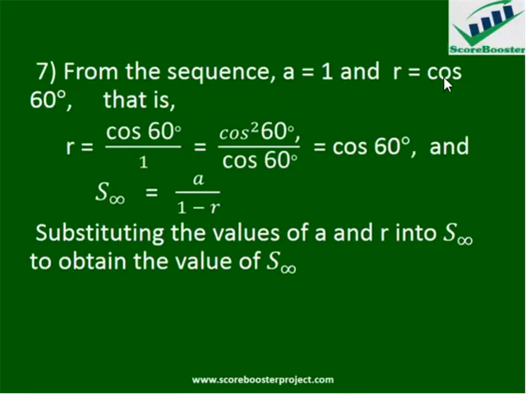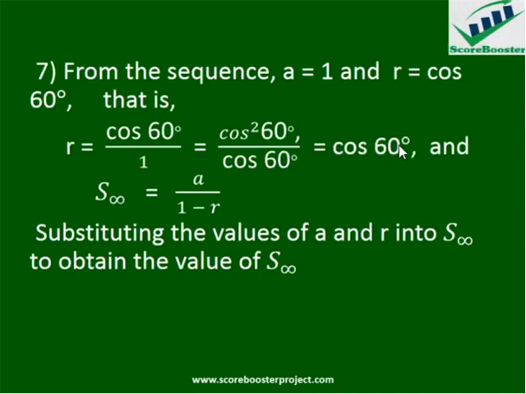So for the common ratio, we have cos 60 degree, and that is obtained by dividing the second term cos 60 degree by 1, which is equals to dividing the third term cos square 60 degree by the second term cos 60 degree. And if each of this is evaluated, we have the value of the common ratio equals cos 60 degree.